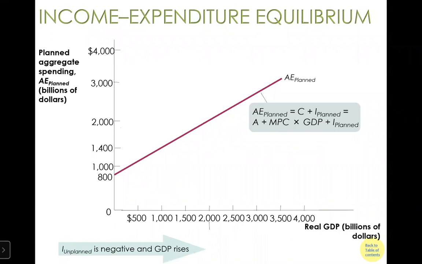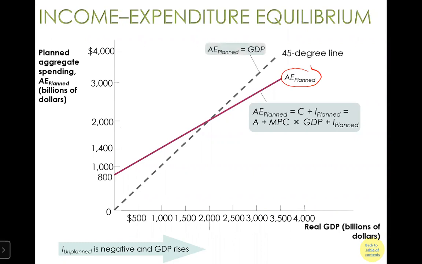First, let me give you a big picture. This is what we have: aggregate expenditure. Now this 45-degree line crosses with this aggregate expenditure line. By the way, what is particular about the 45-degree line?